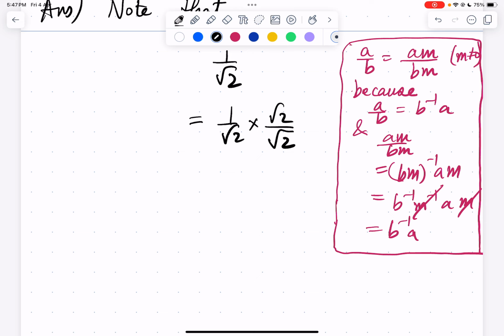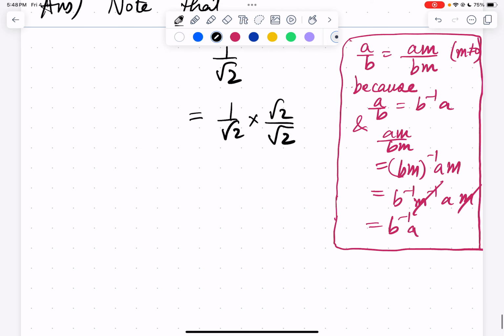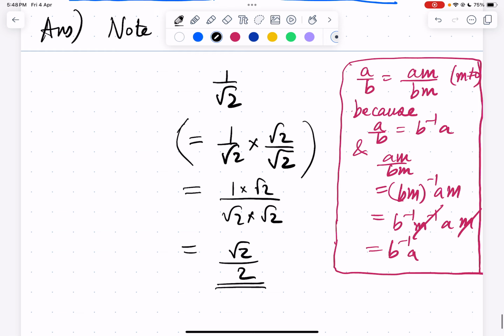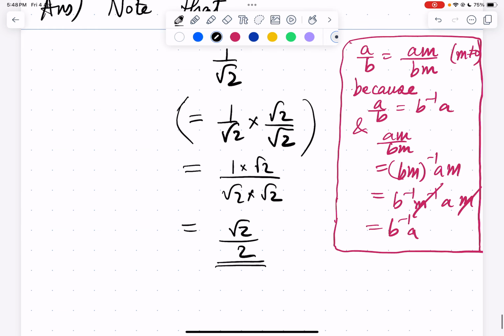You can write this as am by bm, so 1 times root 2 by root 2 times root 2. We can even skip this step: a by b is am by bm. So the numerator will be root 2 and the denominator will be 2. Hence we wrote 1 by root 2 in a quotient form where the denominator is rational.